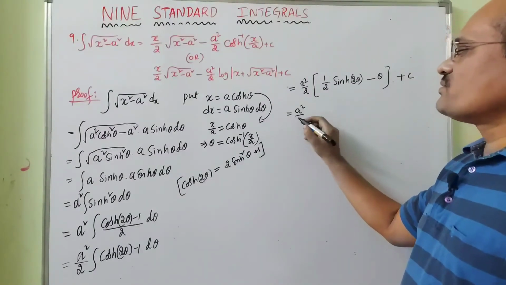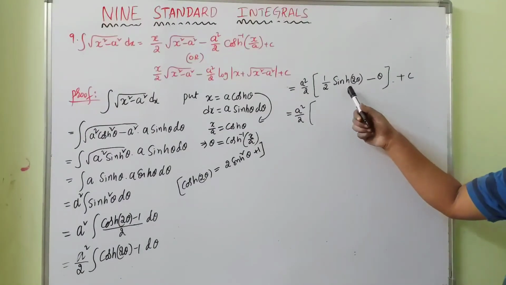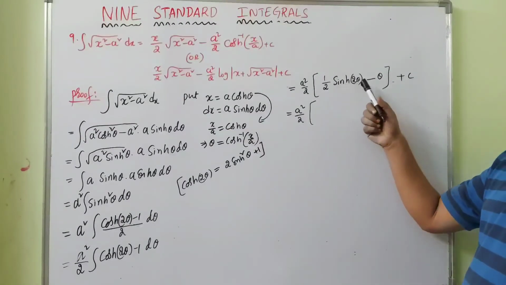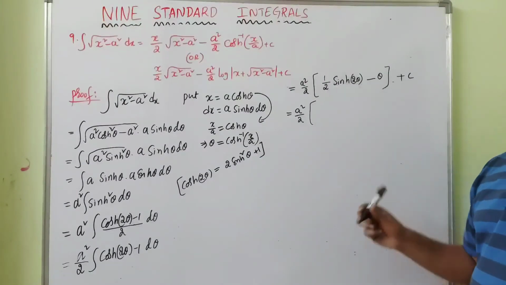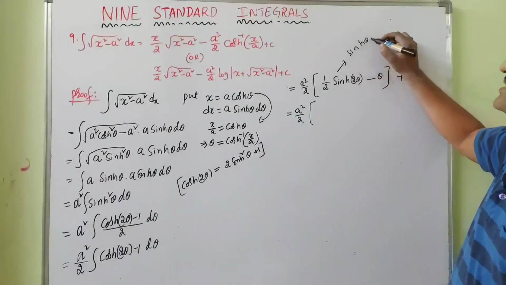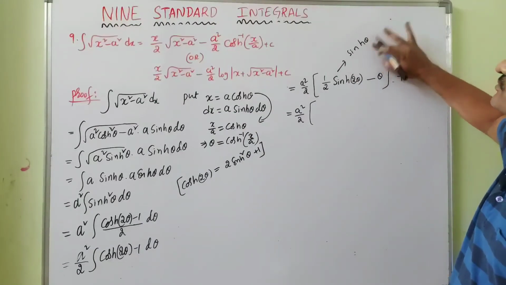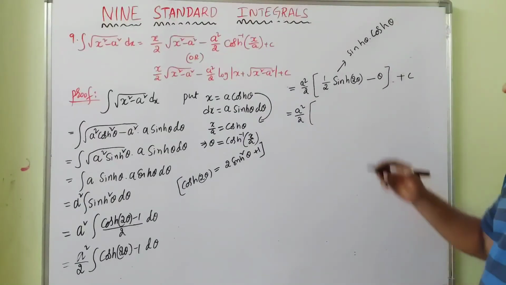Next, a square by 2. Now in hyperbolic functions we have formula for sinh of 2 theta: 2 sinh theta cosh theta. 2 gets cancelled. You will get sinh theta into cosh theta.